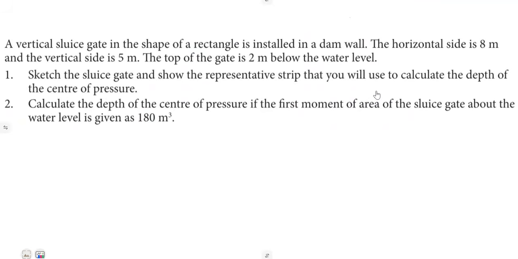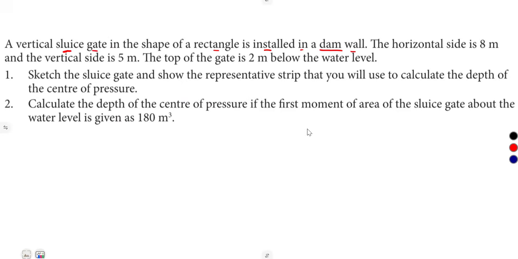So we are given the first part of our question, which is that a vertical sluice gate in the shape of what? A rectangle is installed in a dam wall. So meaning to say it is going to take the rectangular form.